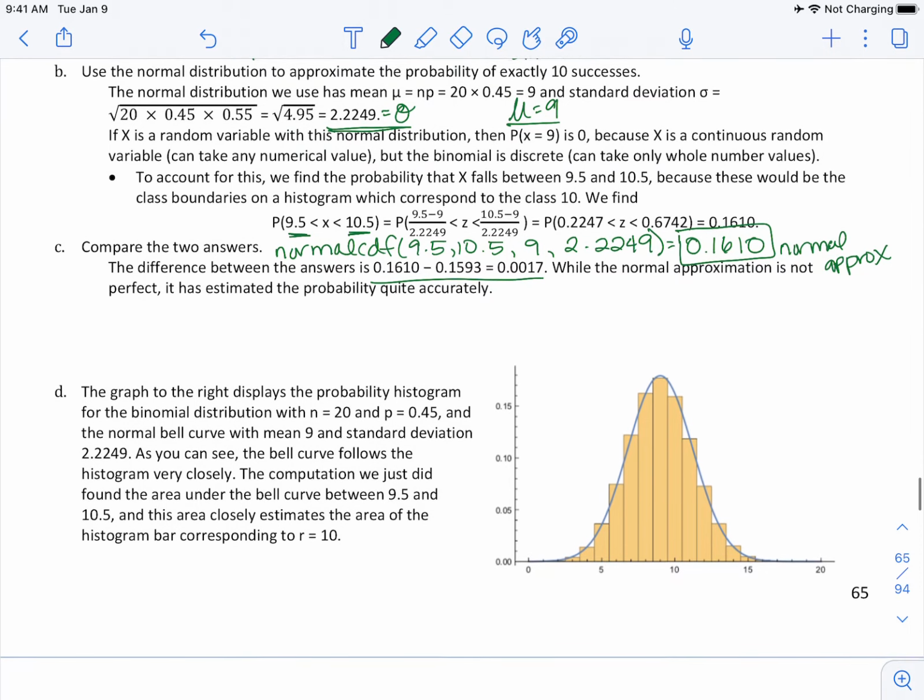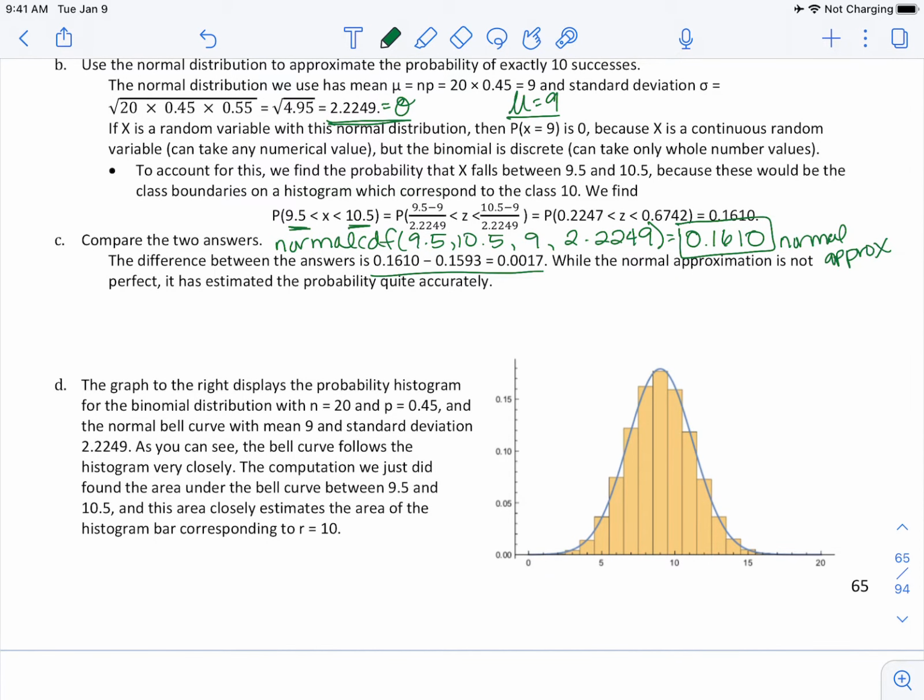So the graph to the right here displays the probability histogram for the binomial distribution with n equals 20 and p equals 0.45. So if we're looking at this picture, this is the histogram, okay?